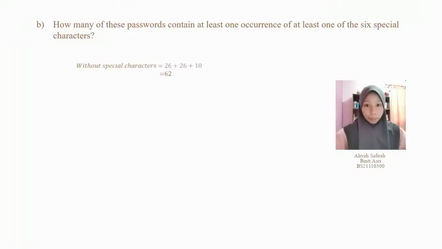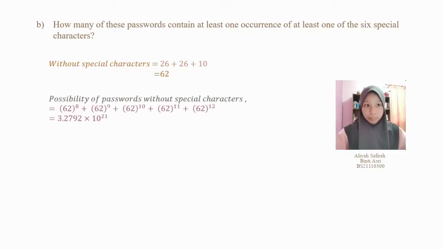Now I'm going to explain question B. We sum up all the characters without the special characters, which is 62, and then the number of possible passwords without a special character is 3.2792 multiplied by 10 to the power of 21.